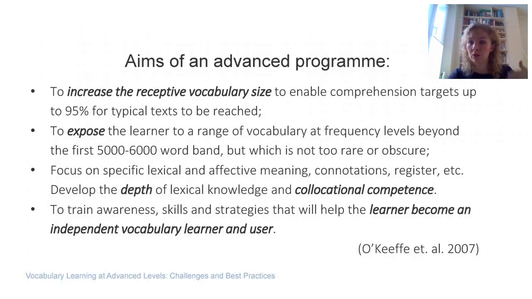Receptive is what we call passive, so that you recognize. To enable comprehension, target up to 95% for typical text to be reached. Yeah. So when we read a text at an advanced level, if you're upper intermediate, you will understand something between 70 to 80% of words.